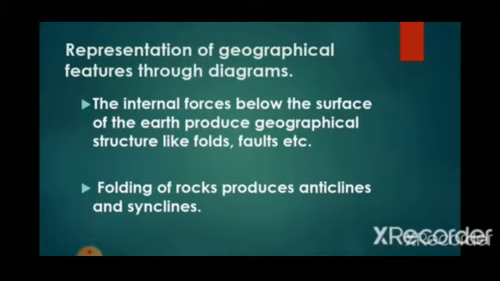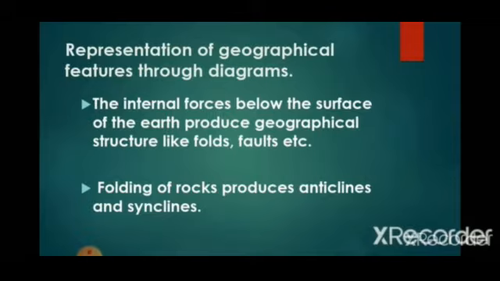The internal forces below the surface of the earth produce geographical structures, and these structures are called folds and faults. Folding of rocks produces anticlines, and faulting results in the formation of synclines. Now we'll see what folding and faulting are. For example, think about a sea wave.